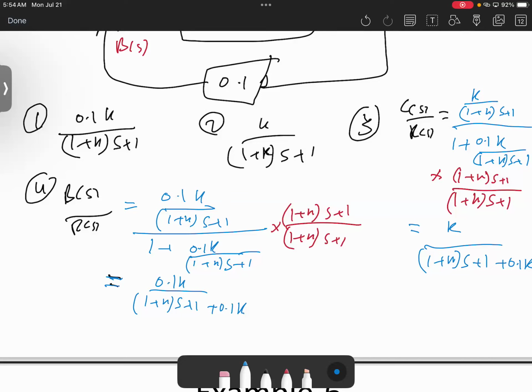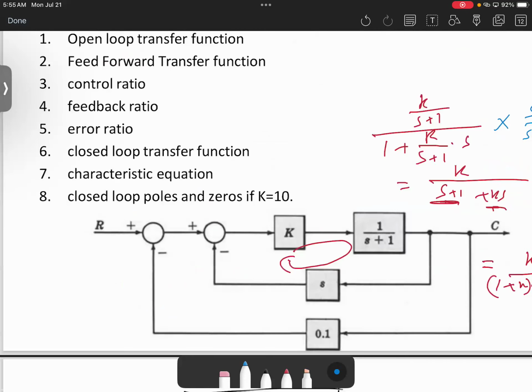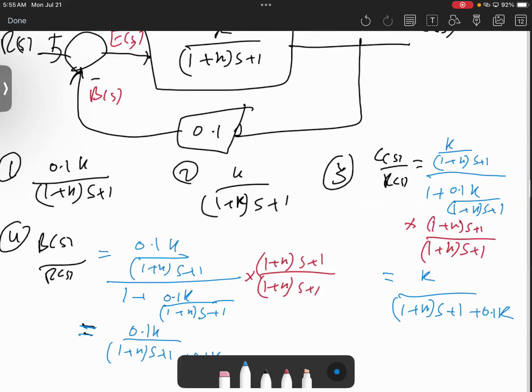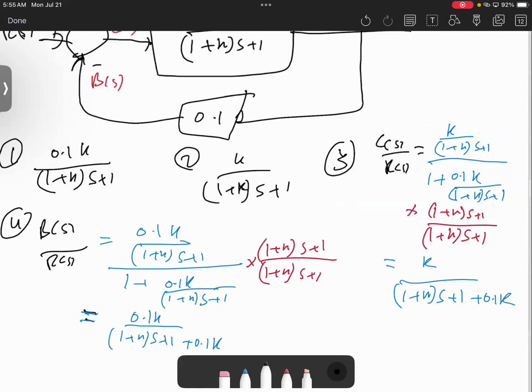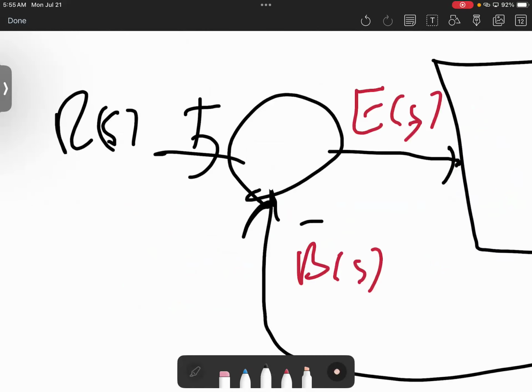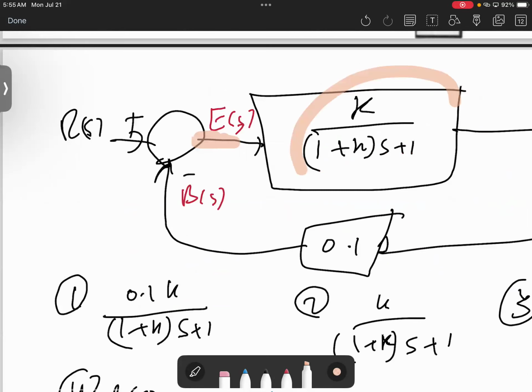Number 5, error ratio, means E of s over R of s. Now here the situation is different. In E of s, there is unity feed forward, and the feedback is these two, right?